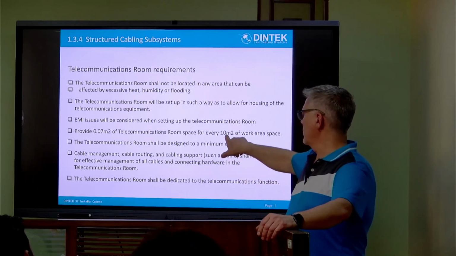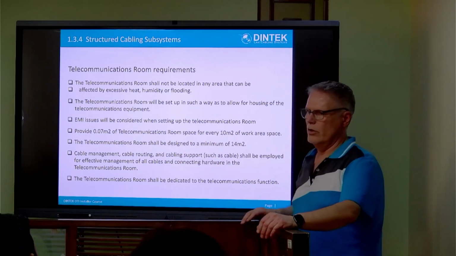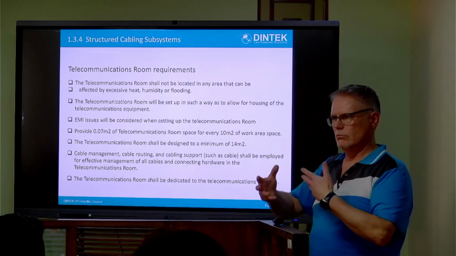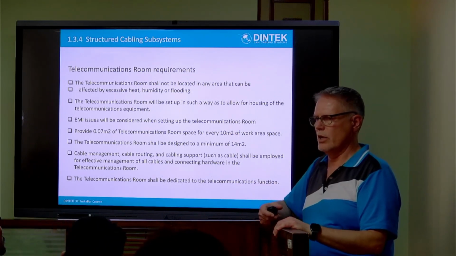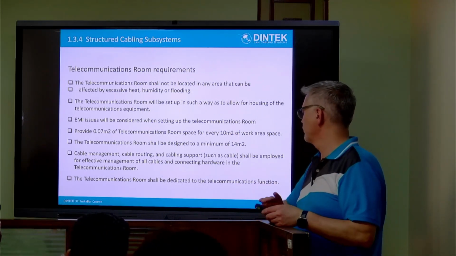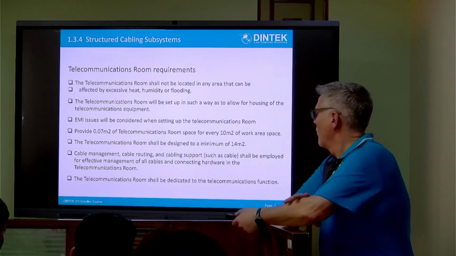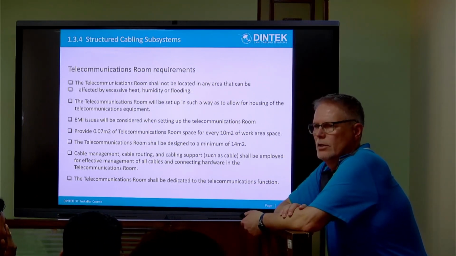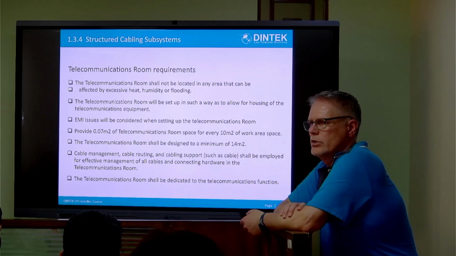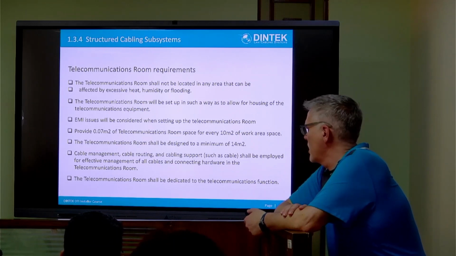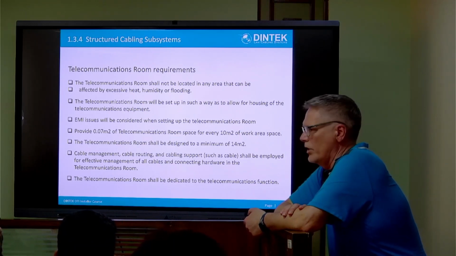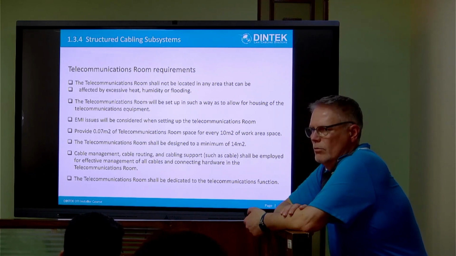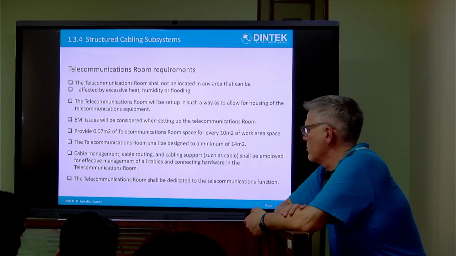So for every 10 meters square, you need that much. Of course, if it's a small area, so we don't have a lot of users, the standards do say what the minimum should be. So they'd say 14 metres squared for a telecommunications room as a minimum.